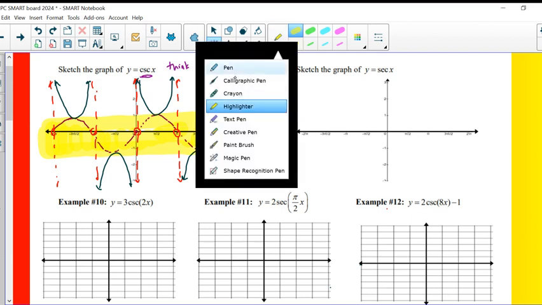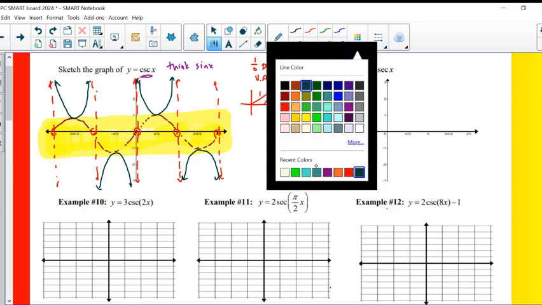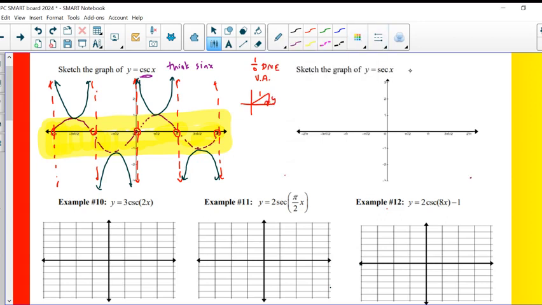Now, since sine and cosine are related, the graphs of secant and cosecant are going to also be very much related. So when I think about first graphing secant, I'm going to think cosine of x. Remember, cosine of x starts here, goes down to there, is at negative 1 at pi, we're back at 0, and then back up to 1. So again, just draw it dotted for cosine.